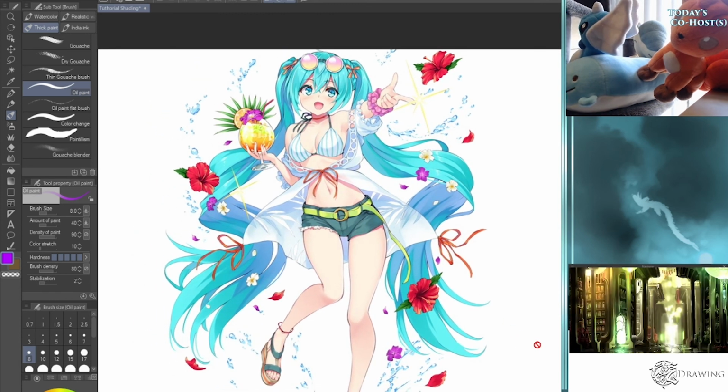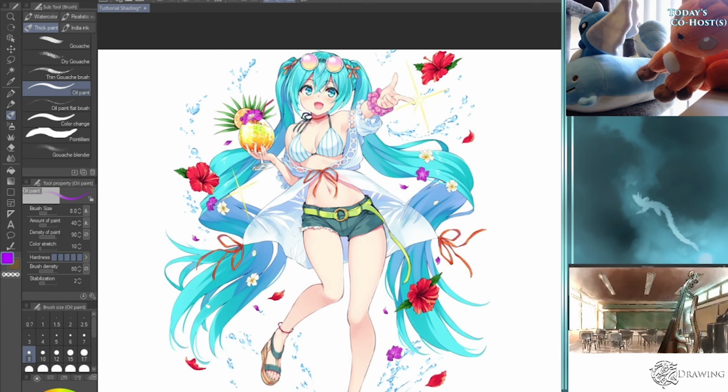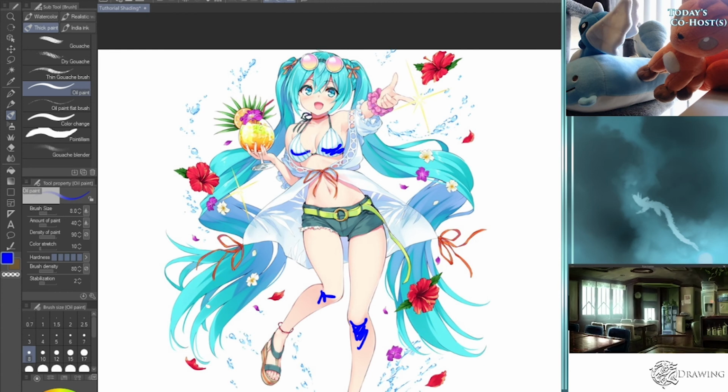What's the light direction? Up. That's correct. You can see from the shadows that are cast on Miku's legs in particular, a little bit under her chest, and especially under her dress, that the light is actually downwards.